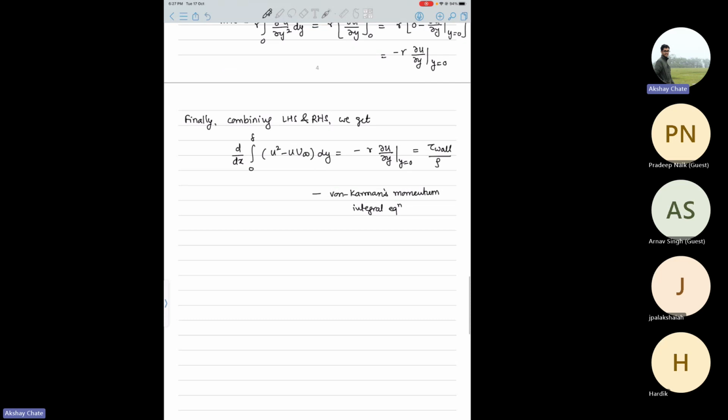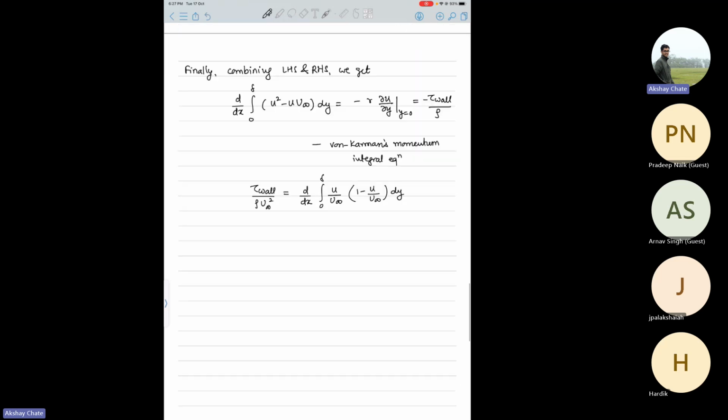And so the nice form for it is further simplified. What you do, this side is simplified by dividing by u infinity square, and if you do the same for the RHS, there will be a minus sign here, so we have to do the reverse inside here. So it will be u by u infinity into 1 minus u by u infinity dy. I am just dividing both sides by u infinity square.